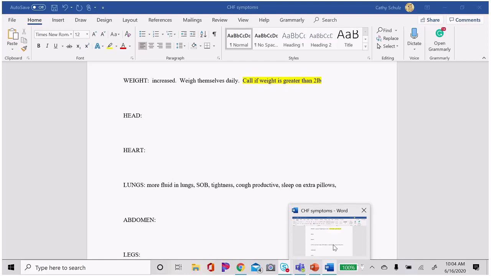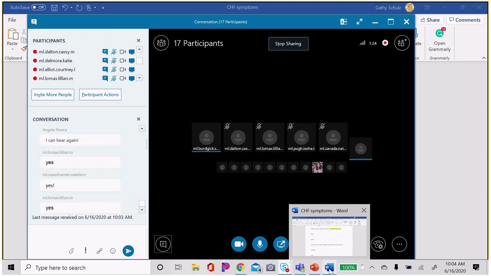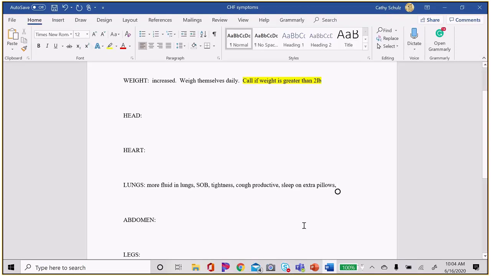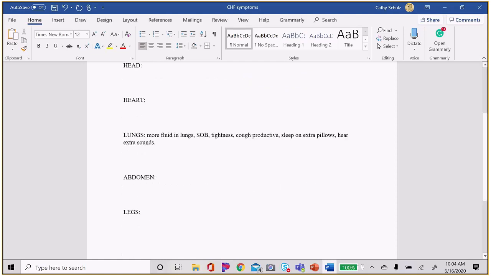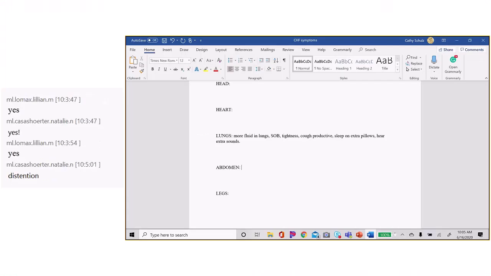Thank you. Sure. So the other thing with lungs is we might hear extra sounds when we listen to the lungs, but they're probably going to mention some of these symptoms we talked about before. There is a potential symptom they could have in their abdomen. Does anybody know what it is? Ascites?